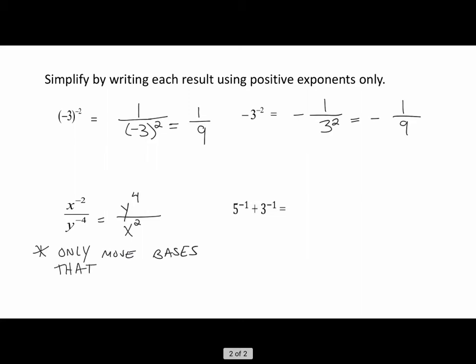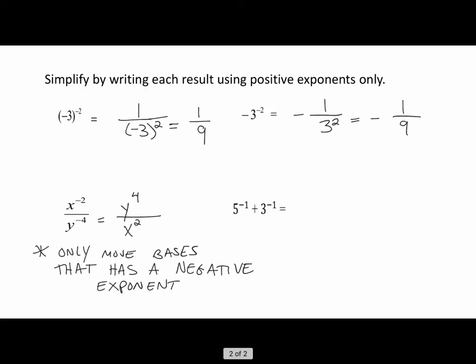If your base does not have a negative exponent, then it cannot move. Okay, so only bases that have a negative exponent will move over the division bar. If it was a positive exponent on either of those, they would have just stayed where they were.